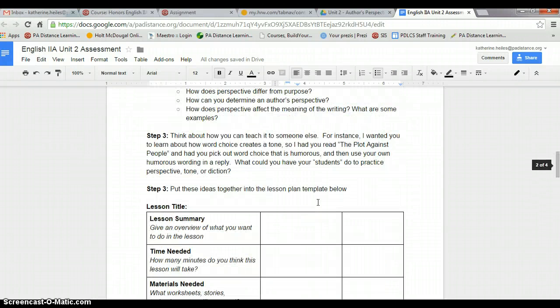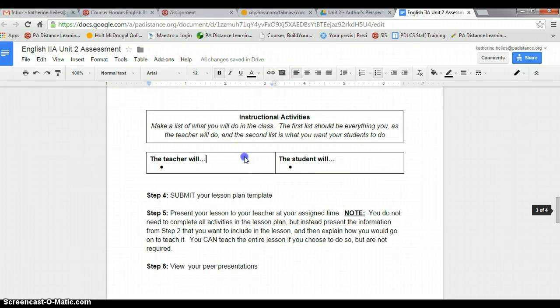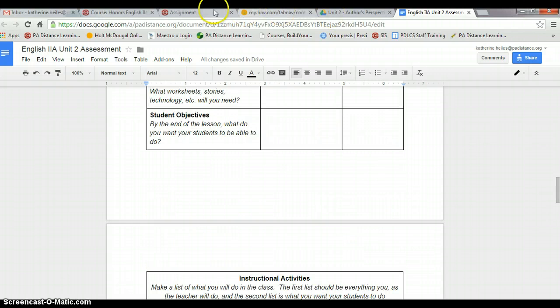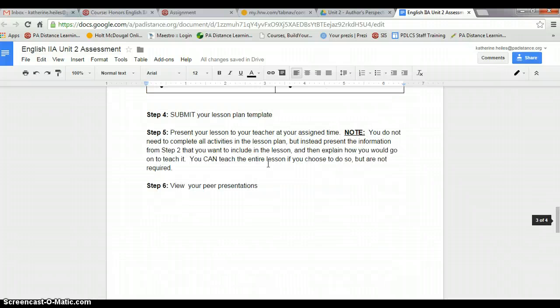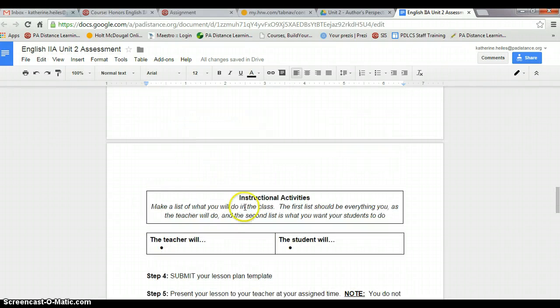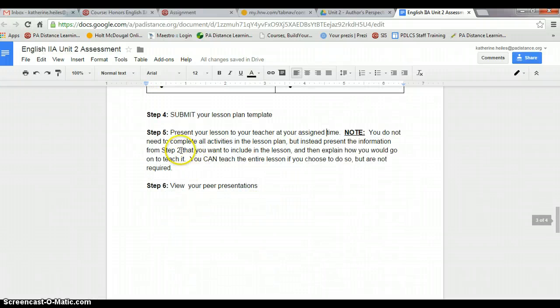So you're going to submit this chart and these lists to me. That's what you will submit. And then what we're going to do, because lesson 2.12, the presentation lesson, falls on a live learning day, is you're going to come to class and present the information from step 3 that you would want to include in the lesson.